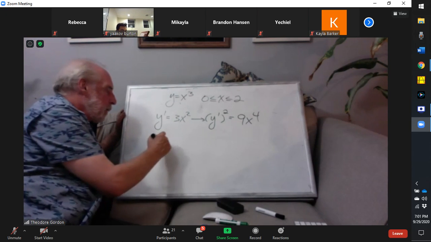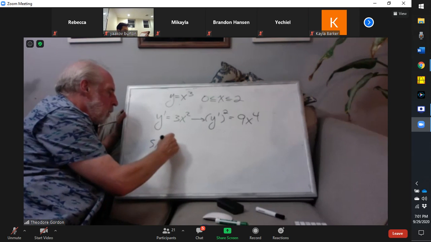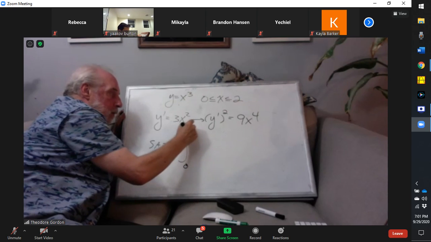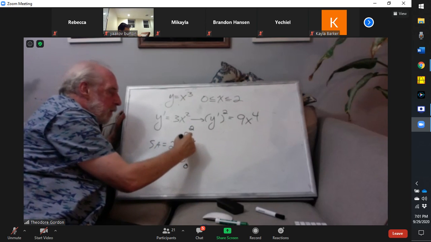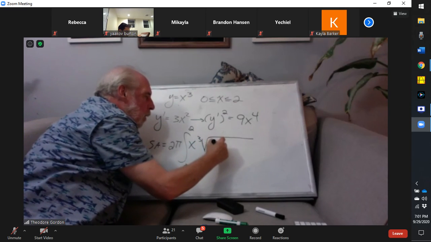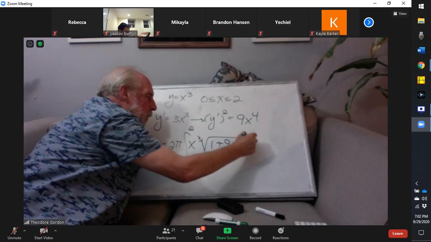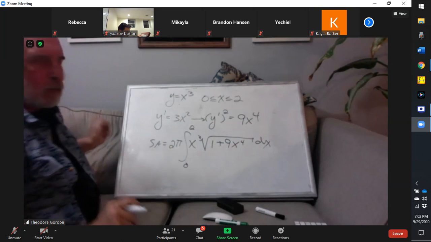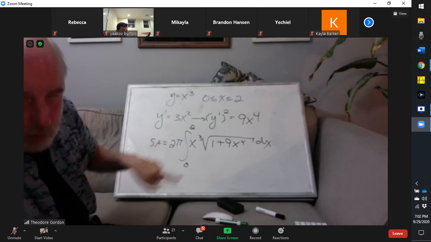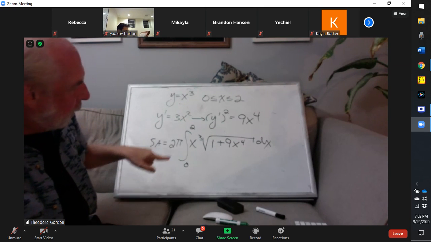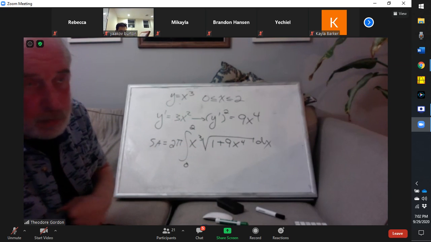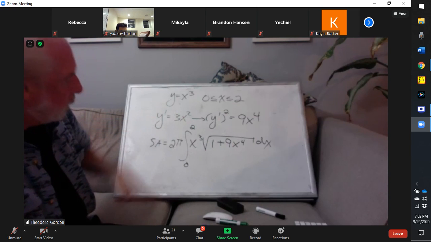So here's our surface area now. 2 pi, 0 to 2, because I said so. The function goes here, and then it's the square root of 1 plus 9x to the 4th dx. So the 2 pi x cubed is the circumference of one of those circles that gets spun around, and then we multiply by the arc length, which gives us the circumference of all the circles added up together.